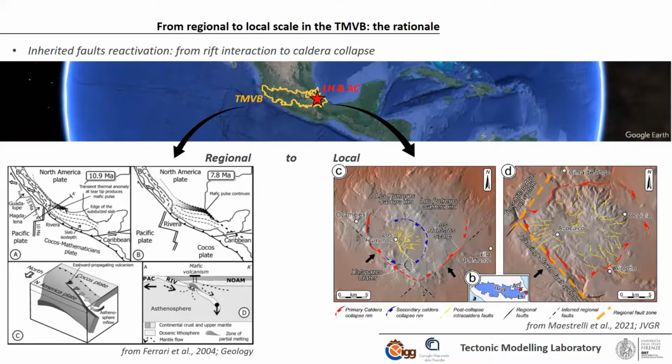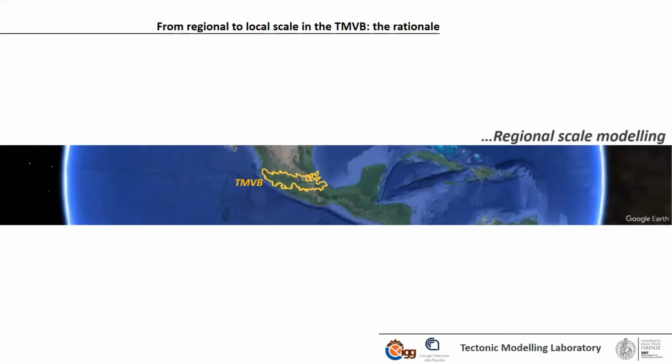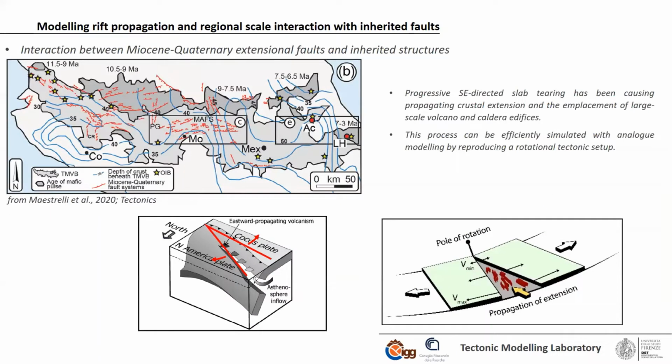So let's start from the regional scale modeling. We are in the Trans-Mexican Volcanic Belt, as said. This is a very large geological feature cross-cutting the whole of Mexico, basically, and it trends from northwest toward the southeast.